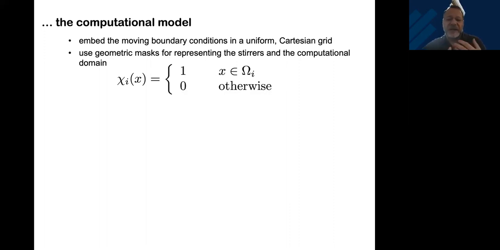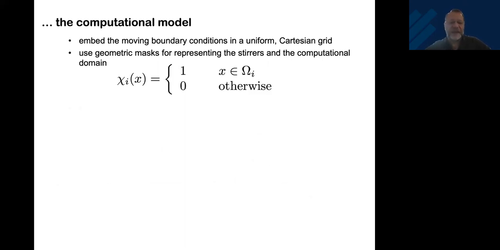But we use a penalization technique, which is very much related or almost the same. We have geometric masks for representing the stirrers and the computational domain. So we have chi_i. Each stirrer gets a mask that is 1 if we're inside the stirrer and 0 otherwise. So this is how we decide on whether we have a grid point that behaves like a solid or a fluid.